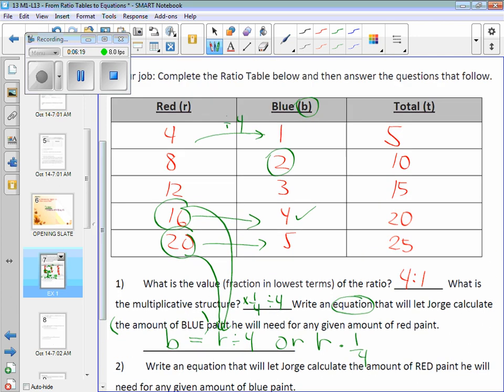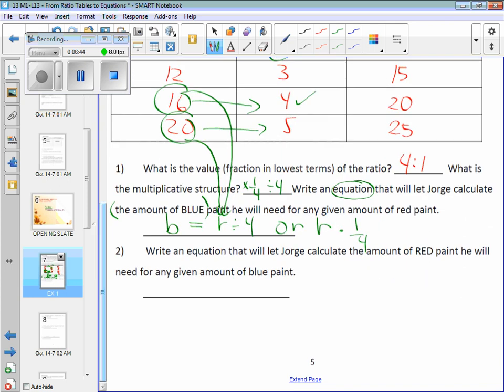I'll go back up here. 4 times 1/4 is 1. 8 times 1/4 is 2. So if that's still a hang-up for you because you just don't get the fraction part, but you could do the division part, then use division. I'm fine with that. John? Good? Okay. All right, let's move on.